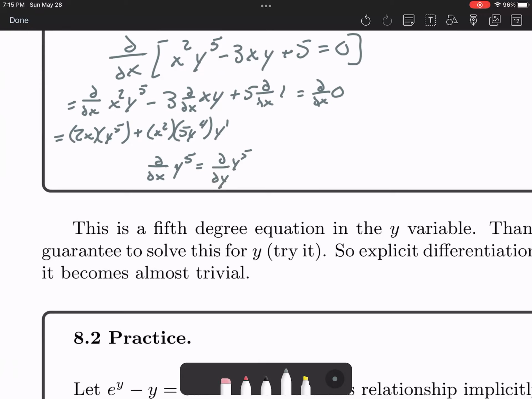You have to differentiate something being raised to the fifth, and then you have to multiply by the derivative of y with respect to x. So this part is the derivative of something being raised to the fifth, 5y to the fourth, and then dy dx. Let's use Newton's notation, understanding that all of the derivatives at this point are with respect to x, right? So that y prime is just dy dx.